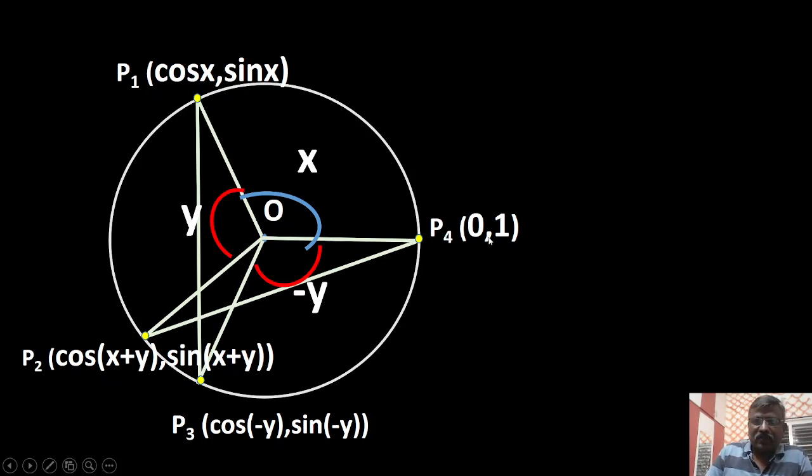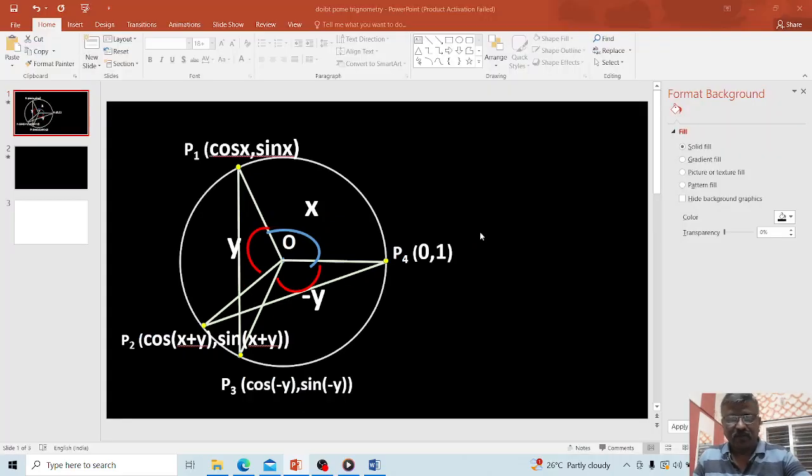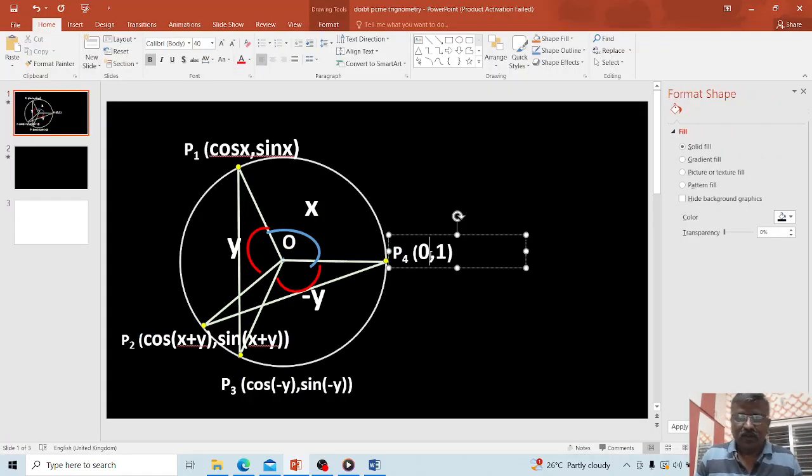P4 is 0, 1, because of the unit circle the radius is 1. So the y coordinate, I mean x coordinate, should be 1, 0. I'm very sorry, it should be 1, 0.